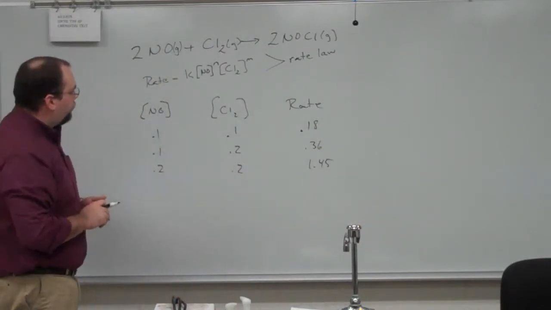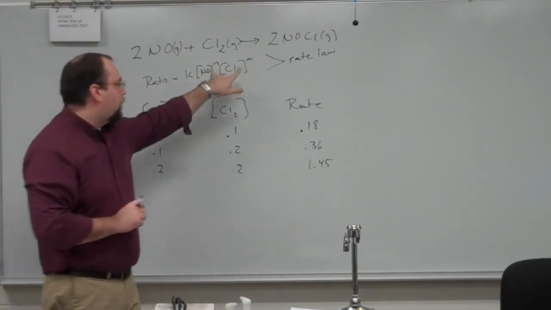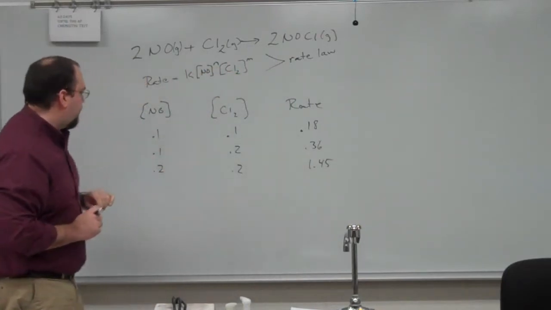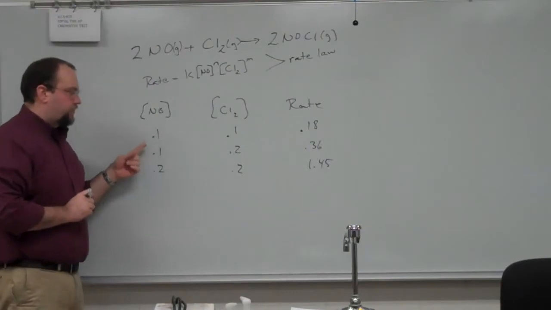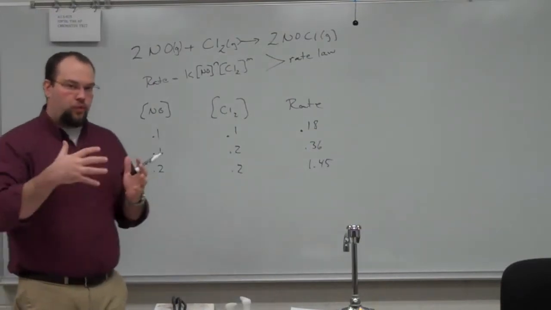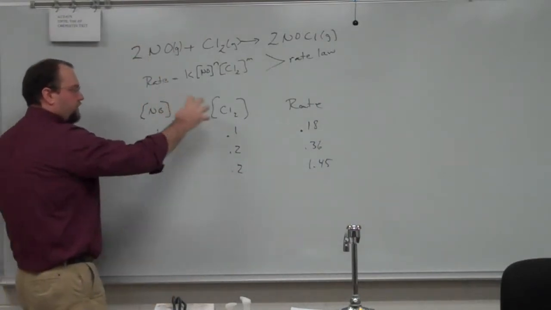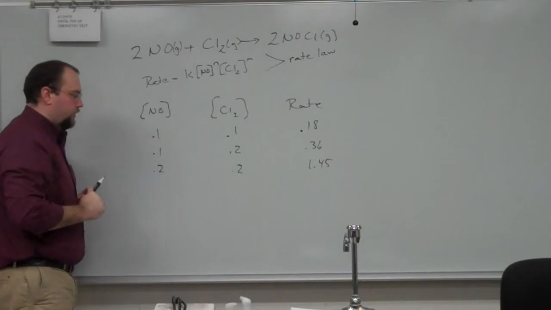Okay, so in order to calculate our N and M, our rate orders, we need to see how the concentration affected the rate. In order to do that, we need to hold one of the 2 constant, either NO constant or Cl2 constant.